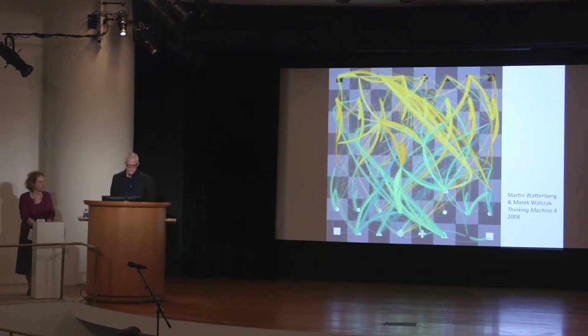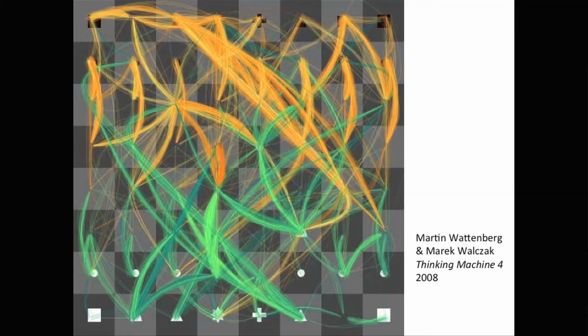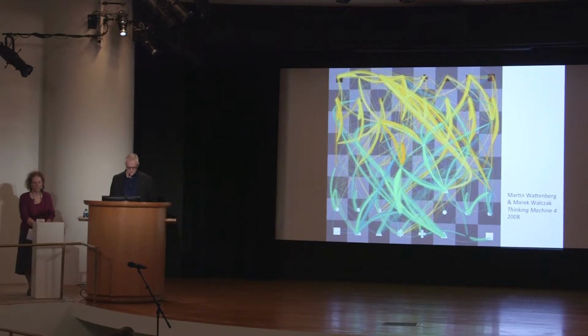I just want to very quickly introduce these 3 works. This first one, I wish I had the time to actually go on the artist's website. You should go on the artist's website because it's really fun to play it. It's called Thinking Machine 4, and it's by Martin Wattenberg and Marek Walczak, who are both programmers. Thinking Machine 4 is a chess game that you can play on their website.